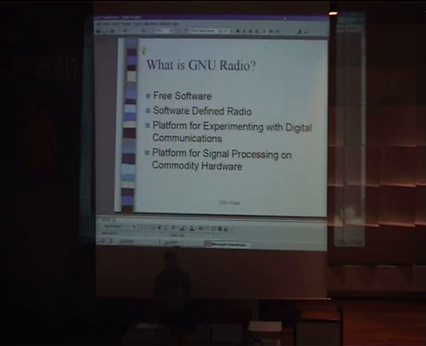And so about GNU Radio, it's free software, under the GPL, available for anyone to do anything they want with. We don't have any particular goals to build a commercial product out of this.